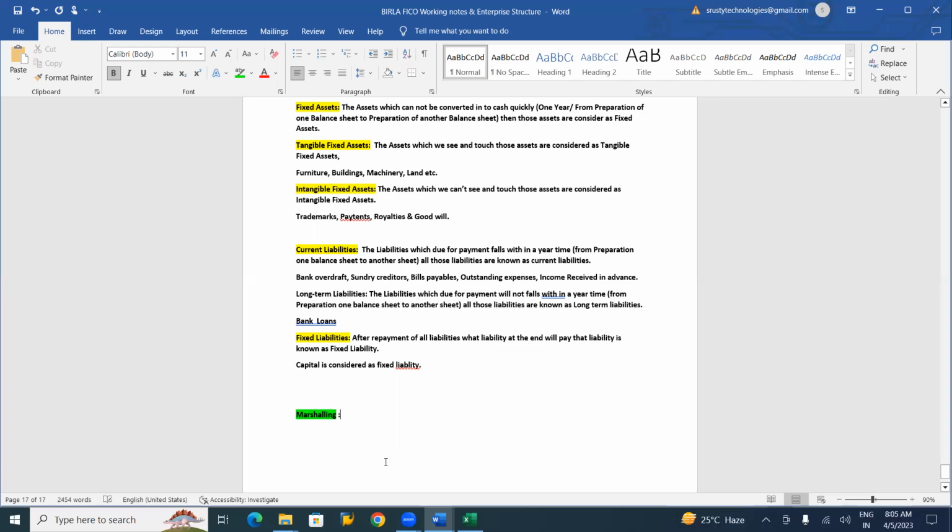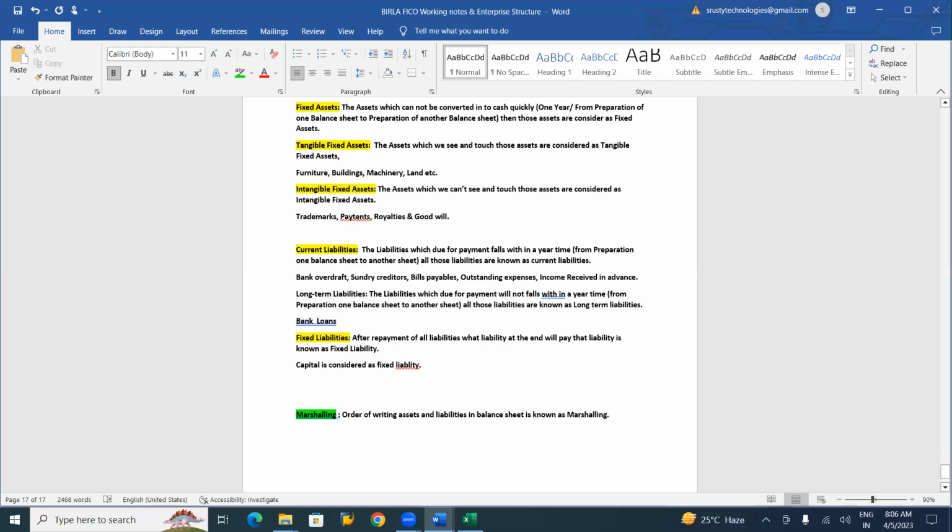Then the order of writing assets and liabilities in the balance sheet is known as marshalling.